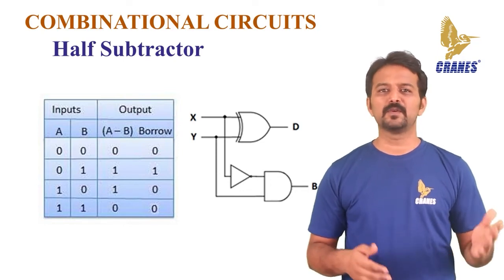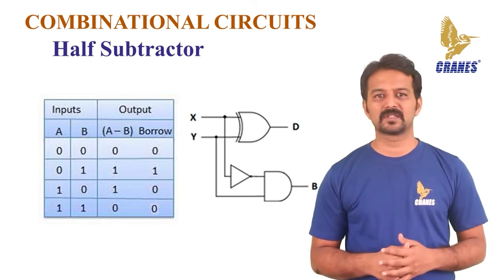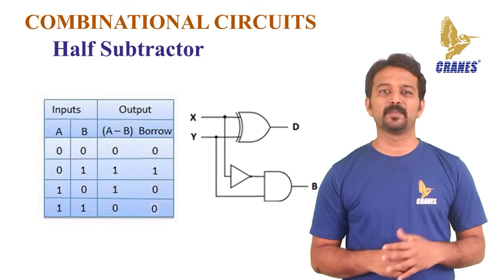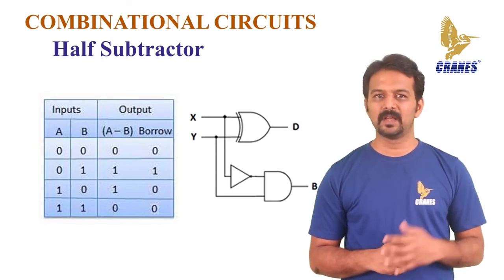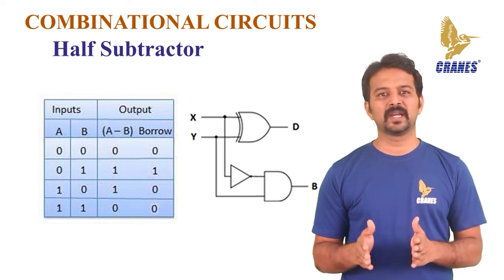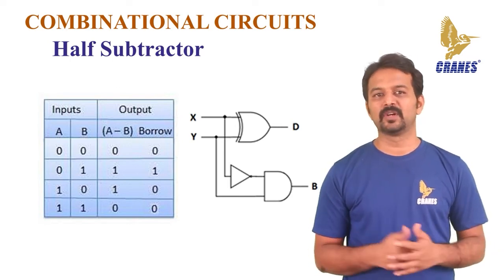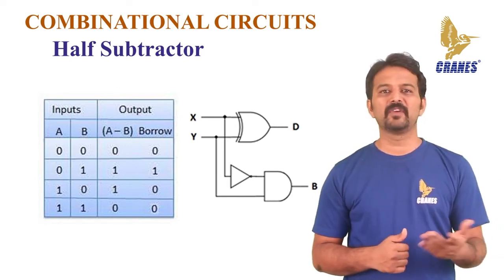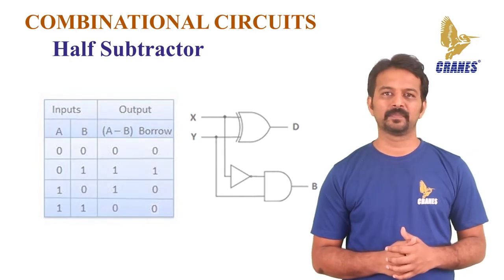Therefore, we can simply use the XOR gate for making the difference. In the same way, the borrow produced by the half subtractor circuit can be obtained by using a combination of logic gates like the AND gate and the NOT gate, or simply we can go ahead with a NAND gate.